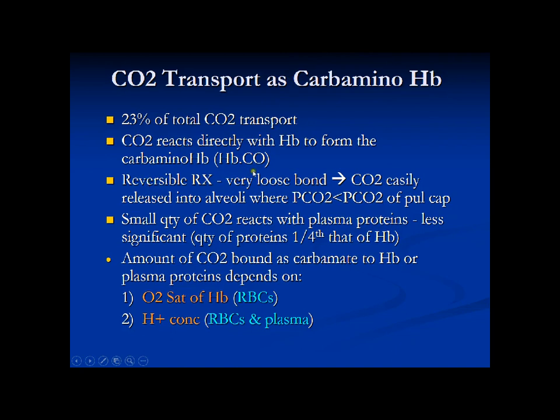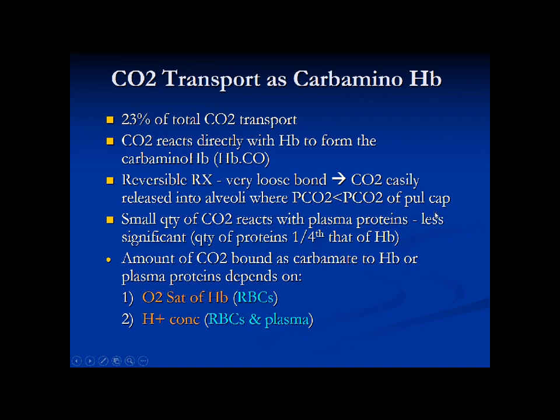Now this is a reversible reaction. A very loose bond is formed between the carbon dioxide and the hemoglobin. So carbon dioxide is easily released in the alveoli, where the pressure is lower than in the pulmonary capillary.